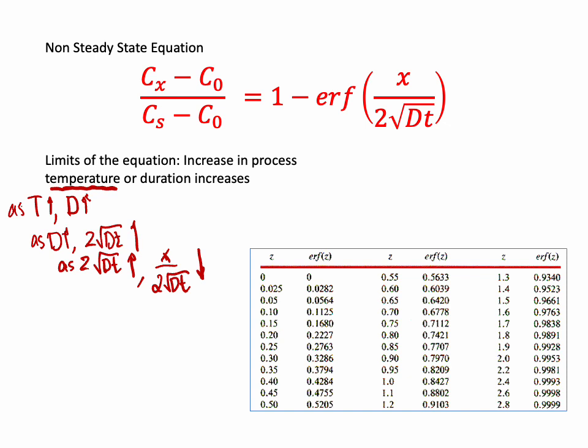So as temperature increases, this whole quantity x over 2 square root Dt decreases. And the smallest that this could get would be 0. So if x over 2 square root Dt is 0, that's the quantity that we're operating on with this function. If that value is 0, we know that the error function of that value is also 0.